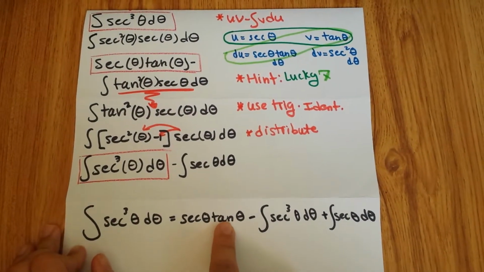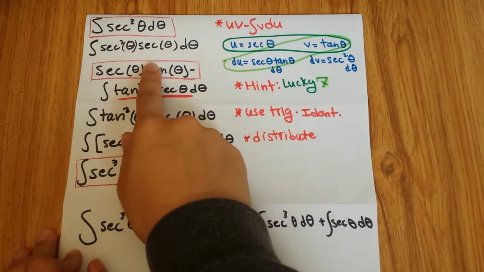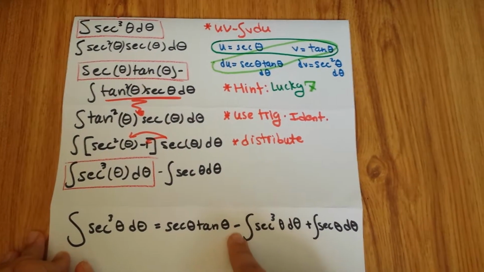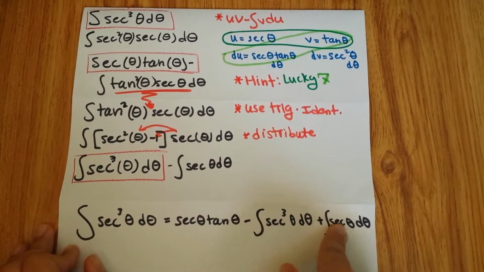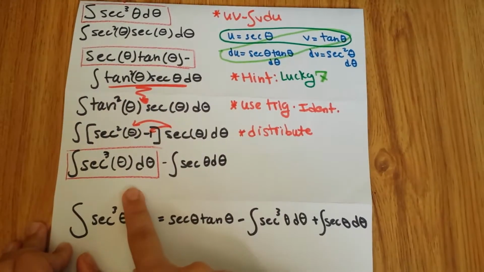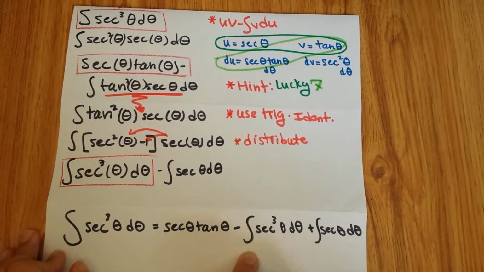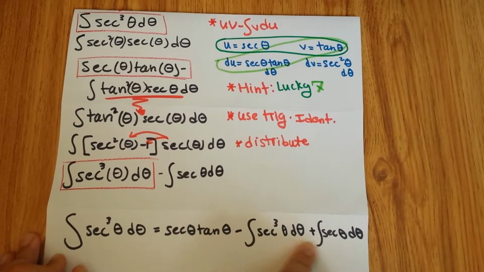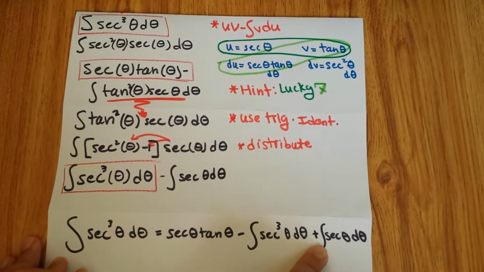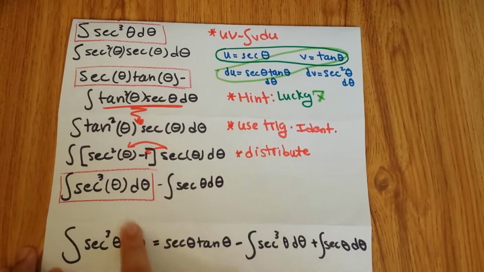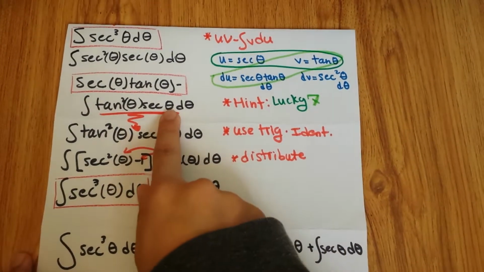So secant theta tangent theta, right here, plus, or you can have it minus, and then these two terms would have to be positive. So secant theta tangent theta minus the integral of secant cubed theta d theta plus secant theta d theta. So these two terms are this term.